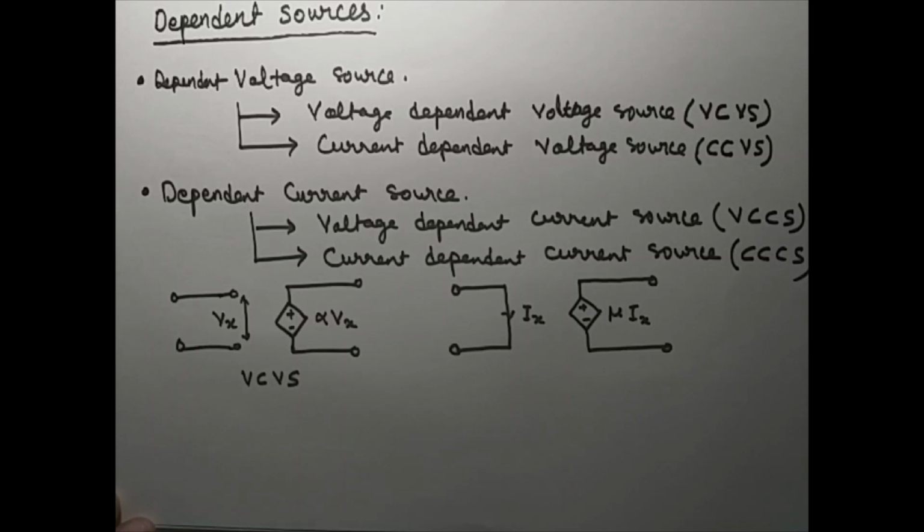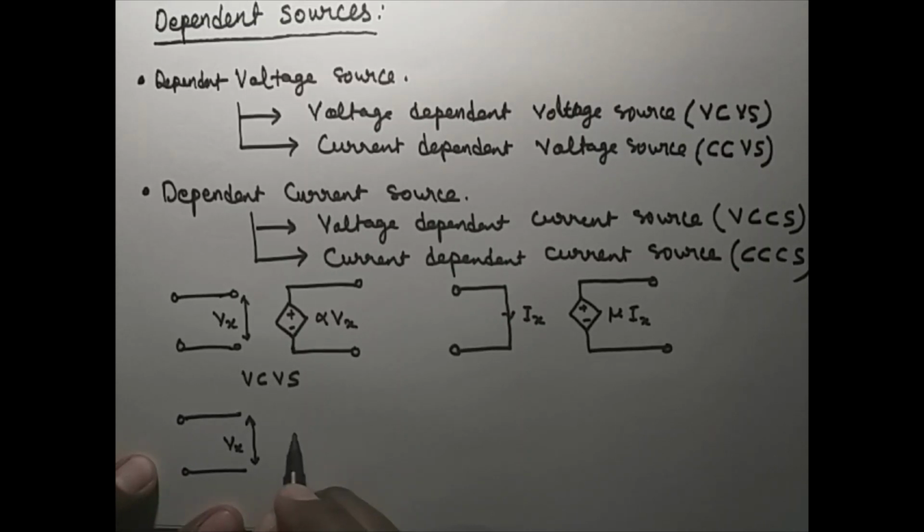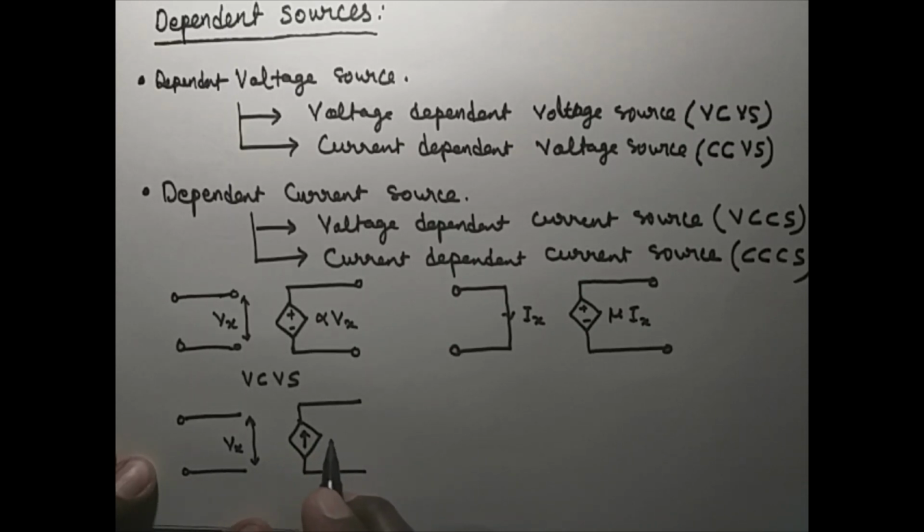For a dependent current source, if the current value is depending upon a voltage, suppose Vx, then the symbol will be like this, an arrow, and the output current of this source will be beta Vx, means the output current is dependent upon this voltage of some other part of the circuit, and beta is some arbitrary constant.